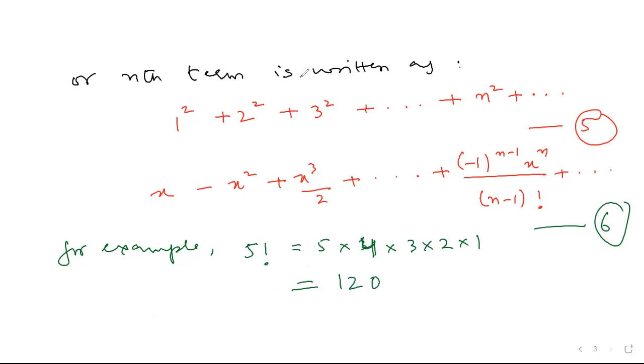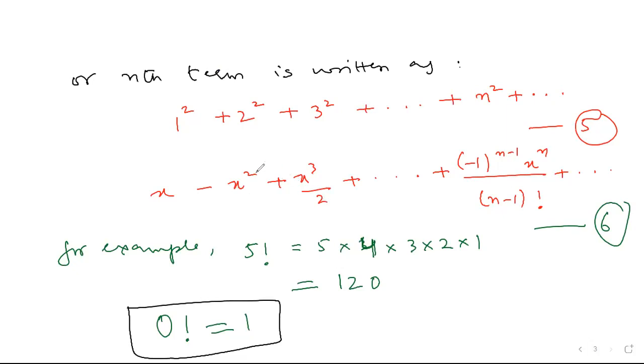The quantity 0 factorial is defined to be 1. We encircle it: 0 factorial is equal to 1. So using this idea, in the case of series 6, from the nth term, you can construct all the terms in the series, right?